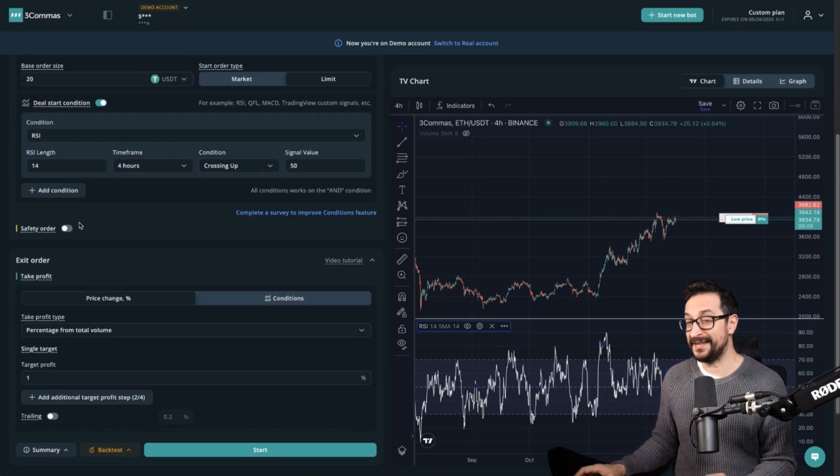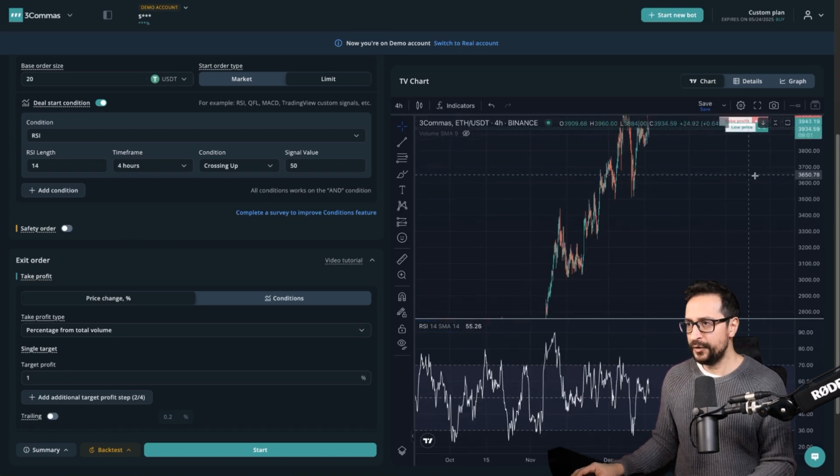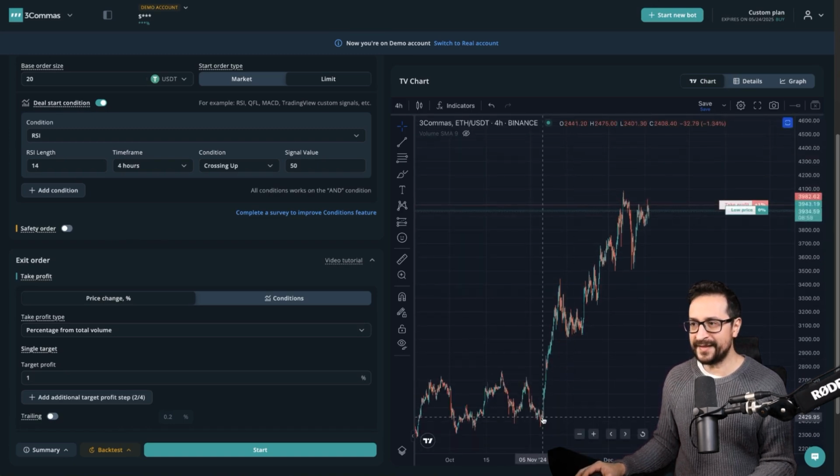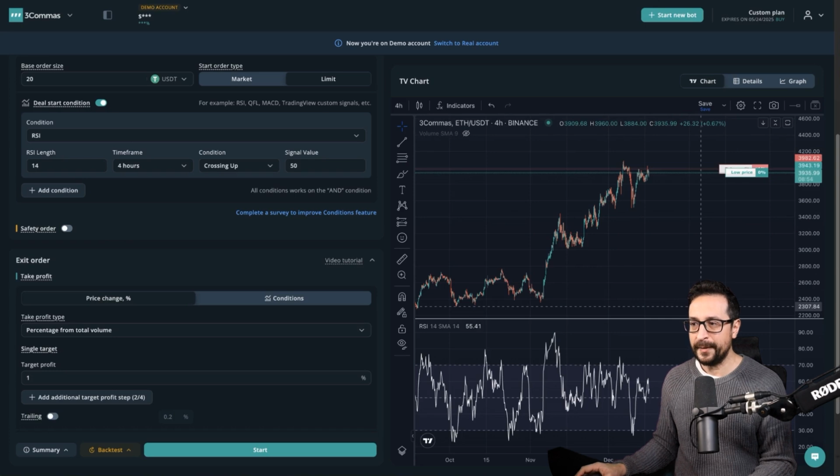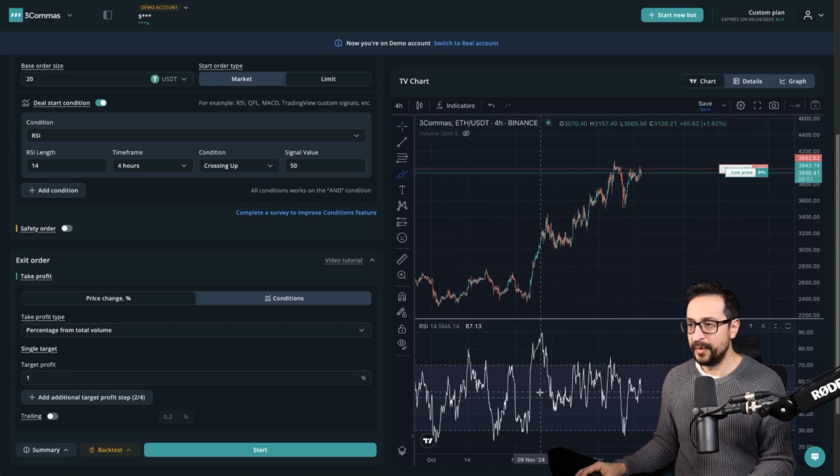Safety orders is a big discussion for us. During a price action like this, safety orders wouldn't really make this more profitable, because pretty much in these areas of 50s, whenever we cross up, immediately after we get another leg up, and that's because we are still in a very bullish stage at this point in time.